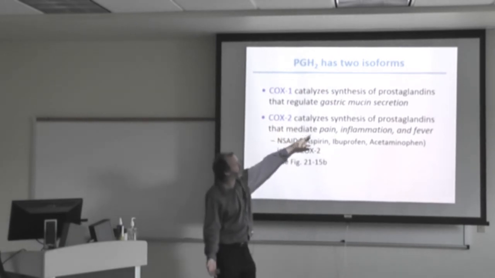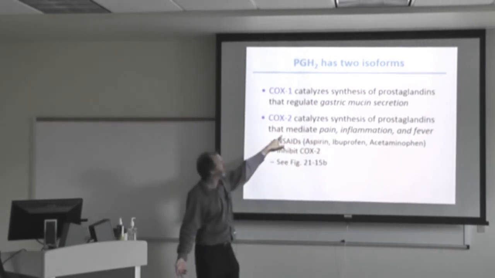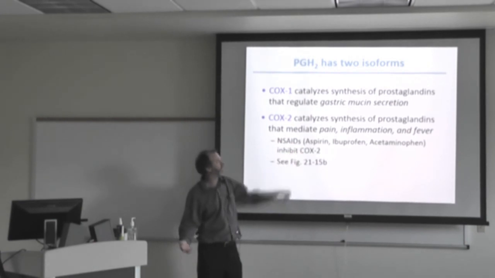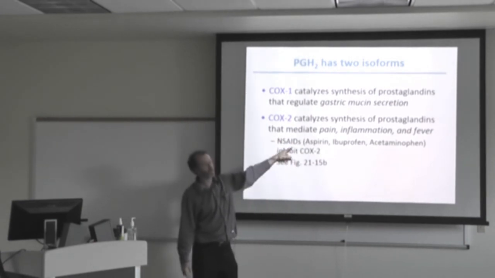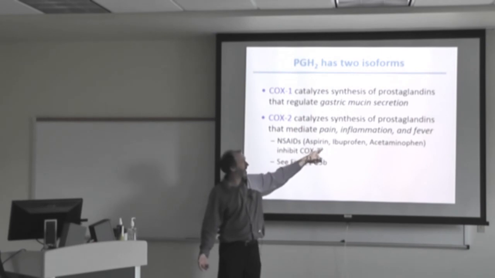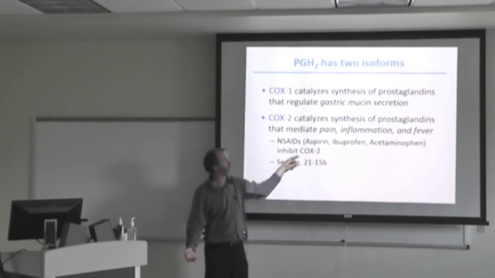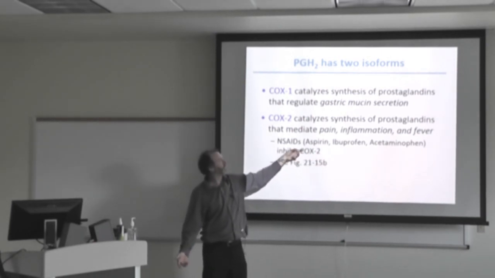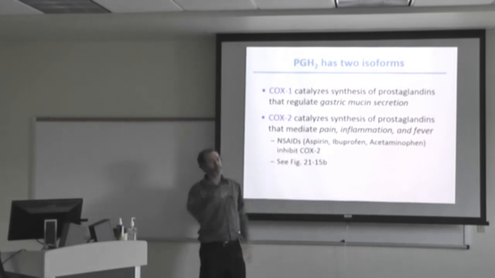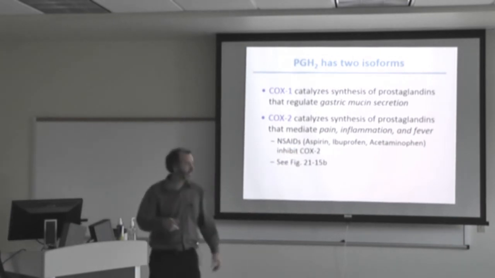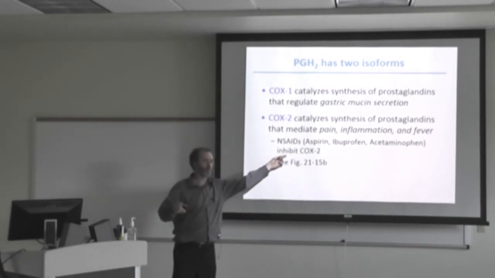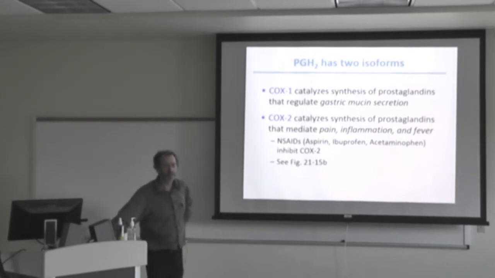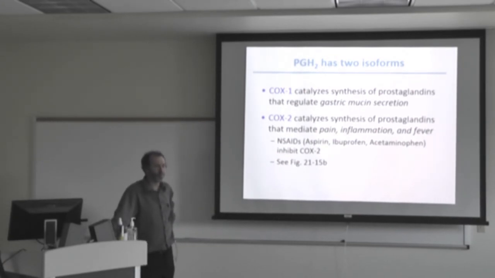COX-2 catalyzes the synthesis of prostaglandins that mediate pain, inflammation, and fever. So this is what we're looking for. Aspirin, ibuprofen, and acetaminophen inhibit COX-2, but they're not specific to COX-2. But there are some COX-2 specific NSAIDs. Do you guys remember those, or have you heard of those? They pulled them off the market.